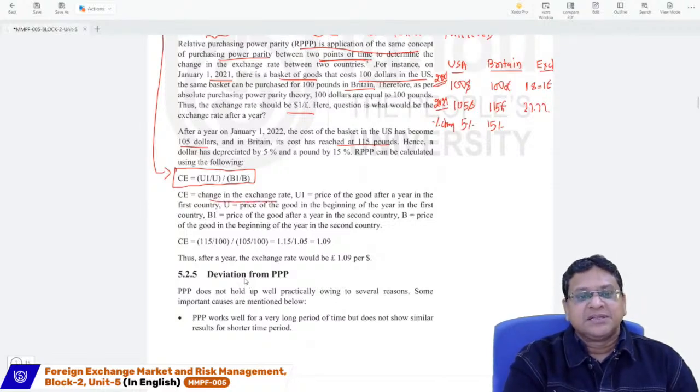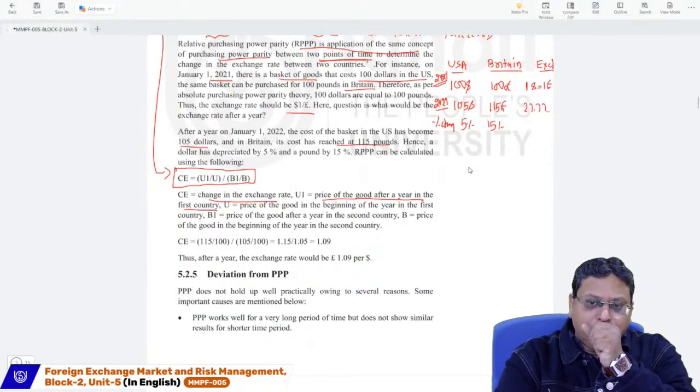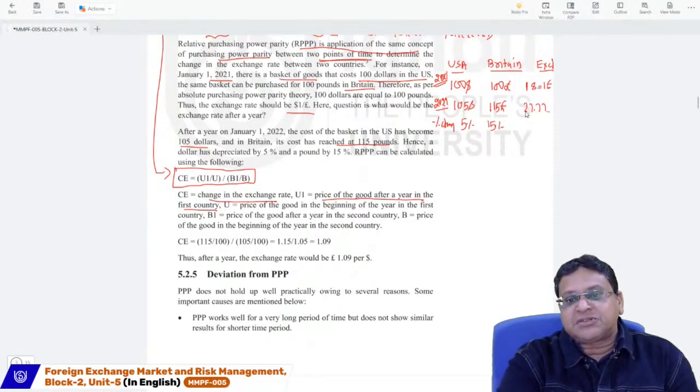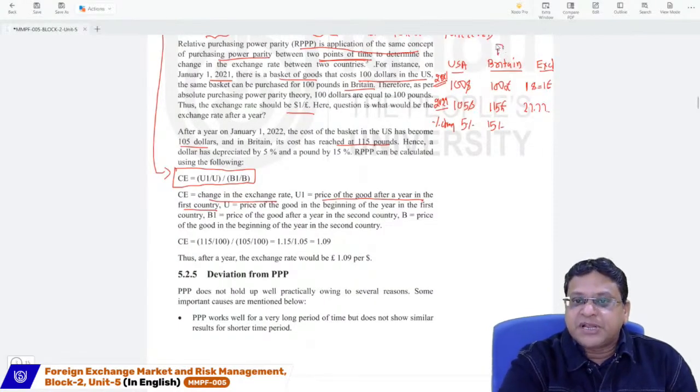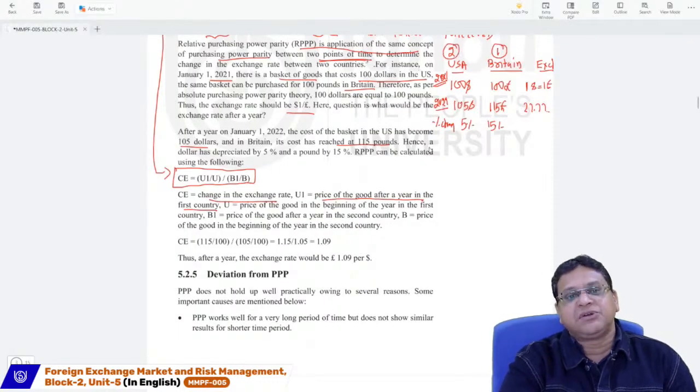What is U1? U1 is the price of goods after a year in the first country. First country means where inflation is higher, and the second country is where inflation is lower.